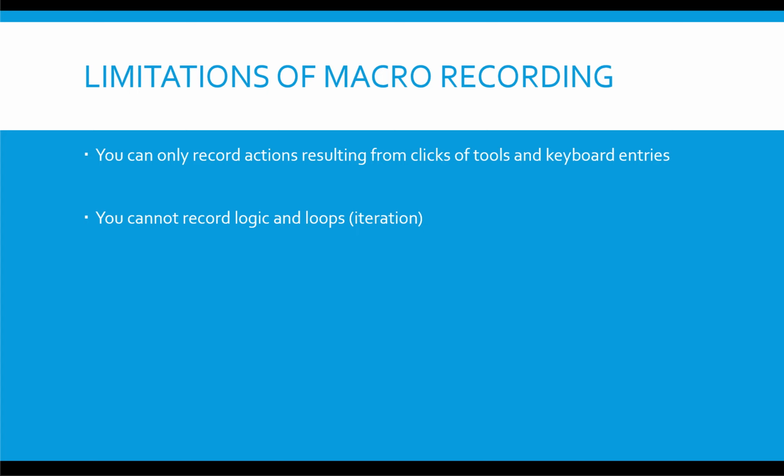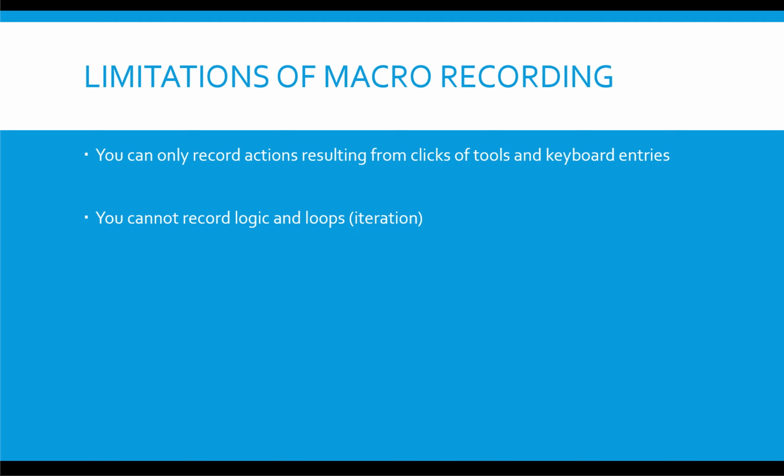It doesn't even know why you are, let's say, turning a cell yellow, or why you have to create a pivot table. It doesn't know why you have to expand the width of a certain cell. It just knows that it has to do it because these are the steps that you recorded. So no logic involved. It will just go with the flow. It won't even know if you're making a mistake.